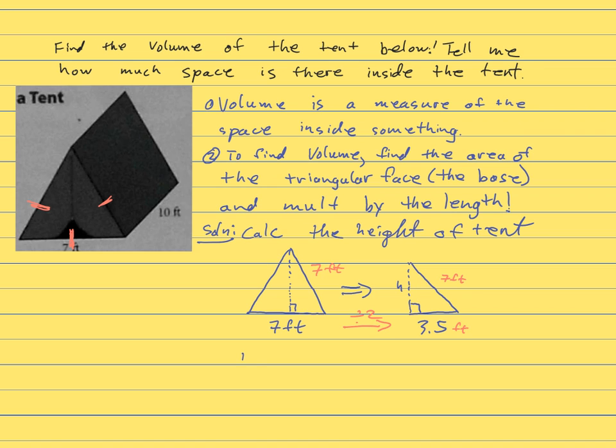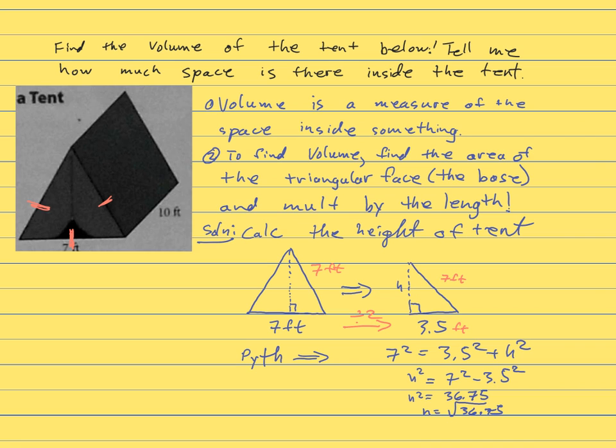And so we're going to use Pythagoras, which means that we have the following. 7 squared is equal to 3.5 squared plus h squared. So you end up with h squared is equal to 7 squared minus 3.5 squared, which means h squared is equal to 36.75, and h is equal to the square root of 36.75.